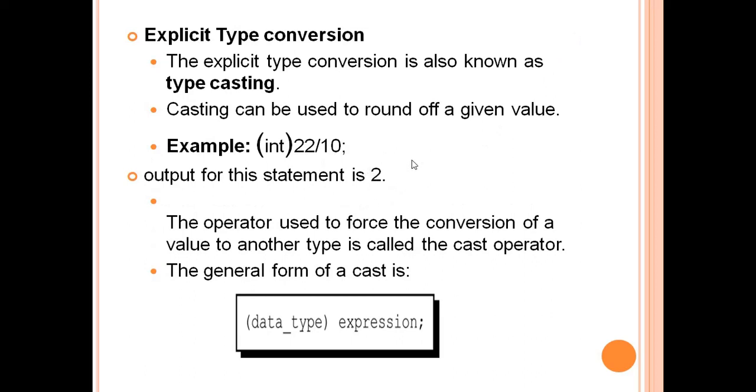The result is 2. The operator used to force the conversion of a value to another type is called the cast operator. This operator is converting this value to this data type. This is the syntax, or we call it the general form: within the brackets the data type, and then the expression. 22 by 10 is the expression and this is the data type.